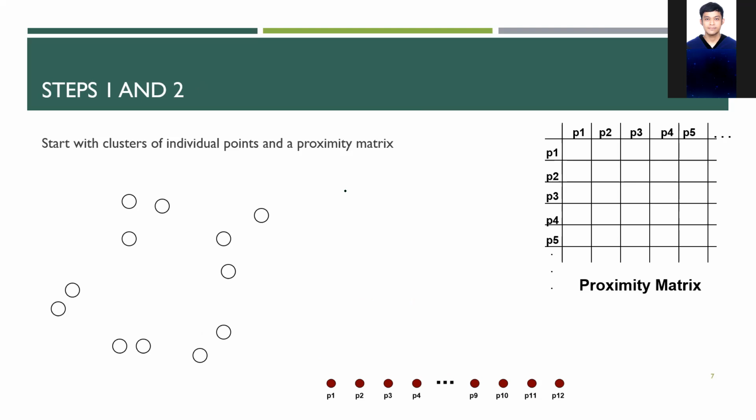For example, this is the data: P1, P2, 3, 4 until 12 data points. We have the proximity matrix, the distance matrix. Sorry, proximity is the general term. In the traditional way, proximity refers to distance or similarity.